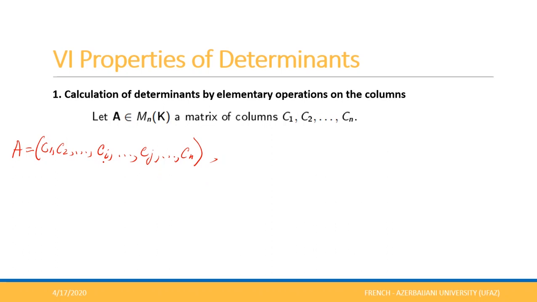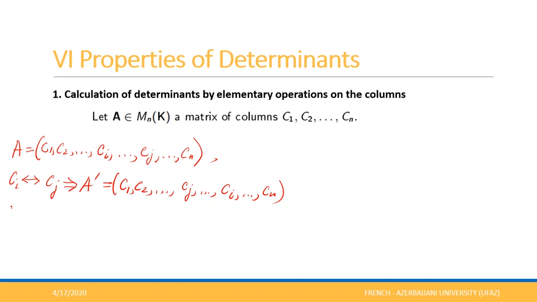If we replace the i's column and j's column, then our new matrix will be this: C1, C2, Cj, Ci, Cn. For this matrix, I will use this notation: A prime.